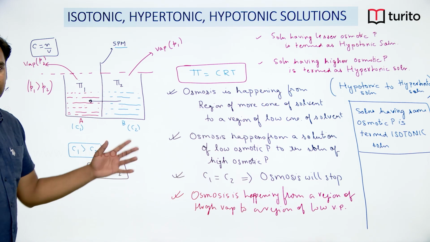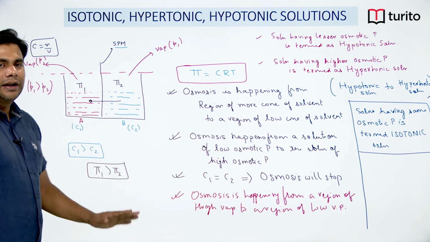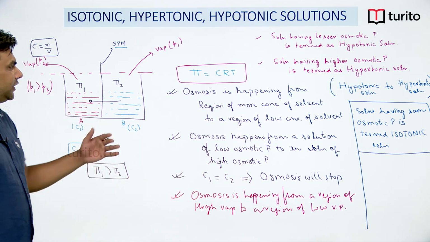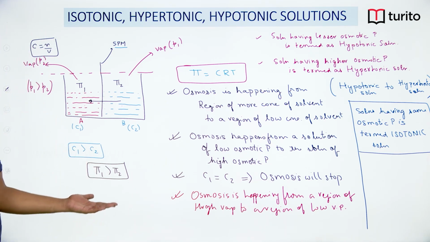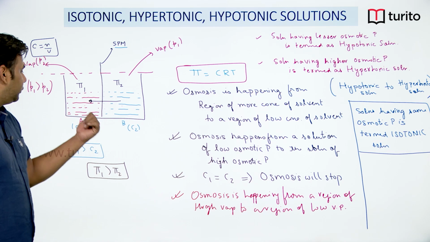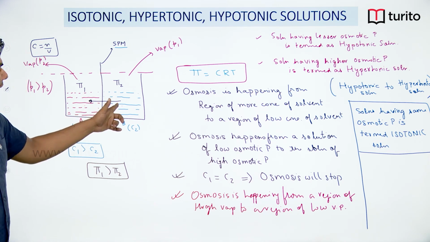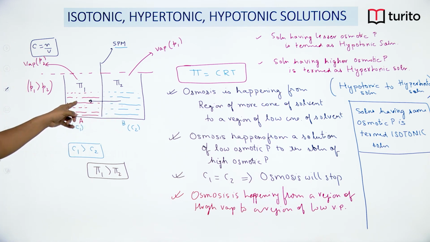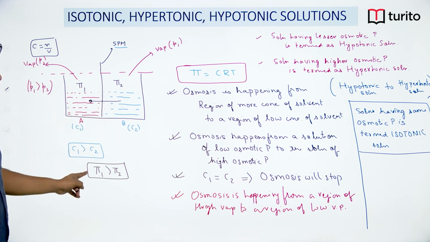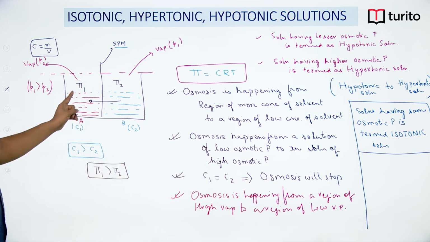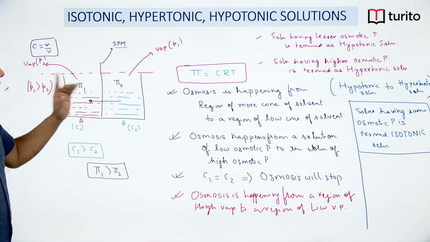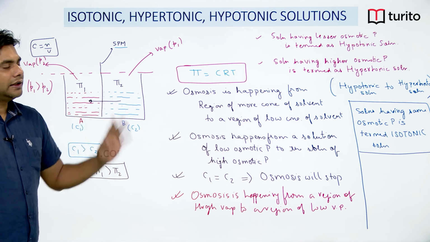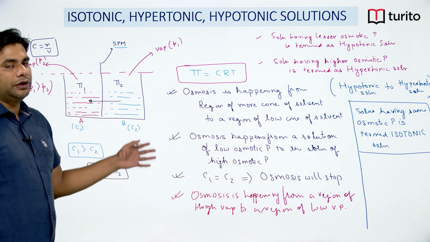R is the gas constant and T is the temperature; we are carrying out this experiment at the same temperature, so pi is directly proportional to the concentration. Side A has more concentration than side B, so the osmotic pressure would be more in side A. So we can write that pi 1 is greater than pi 2. The solution having more osmotic pressure is called hypertonic solution, and the solution having less osmotic pressure is called hypotonic solution.